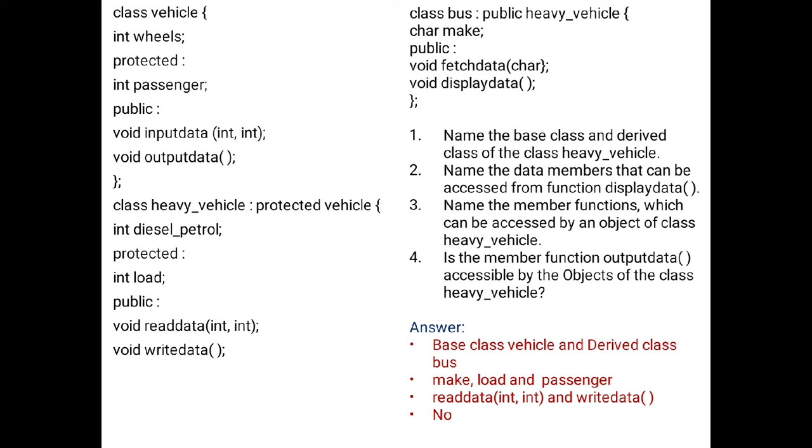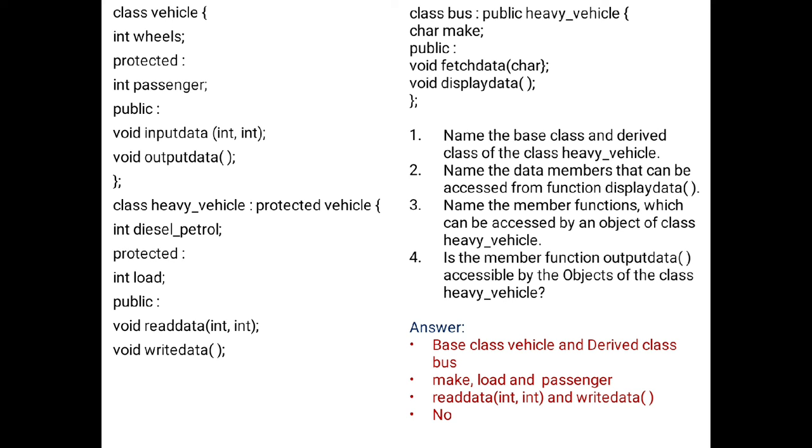Next is: name the data members that can be accessed from function display data. Which data members can be accessed by the member function display data? Display data is a member function of the class bus. So which data members can the display data access?